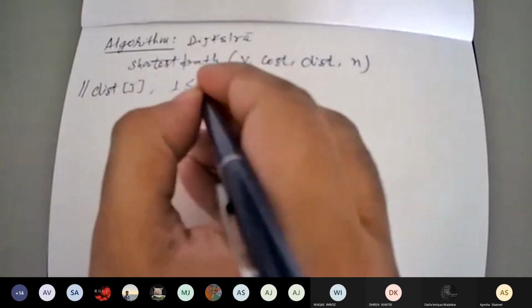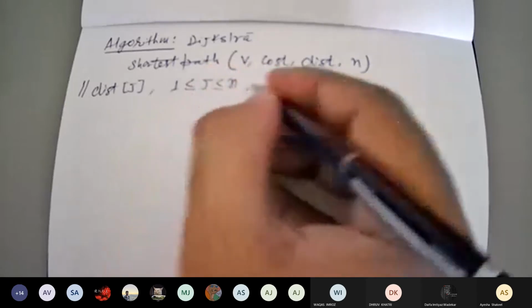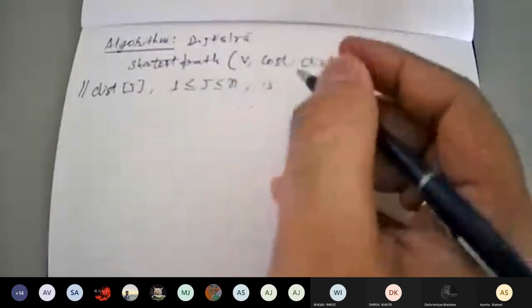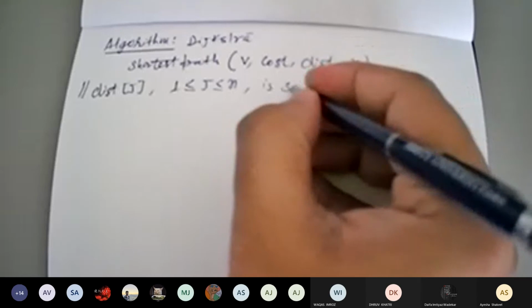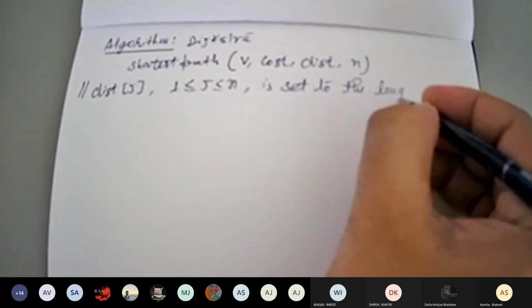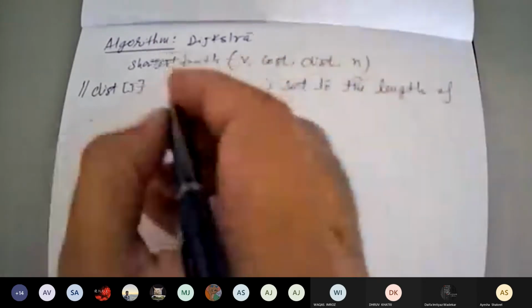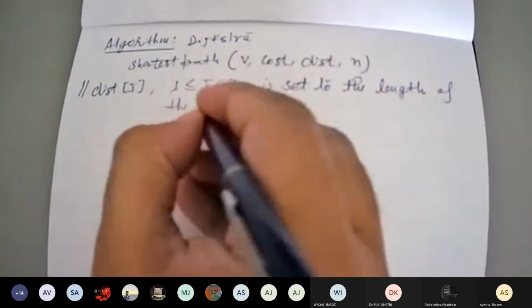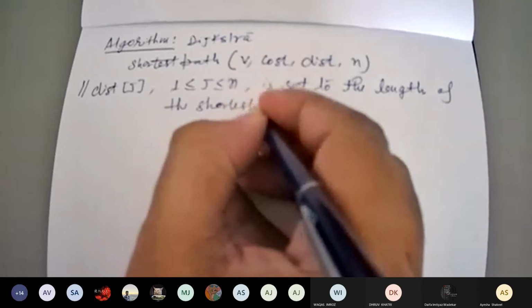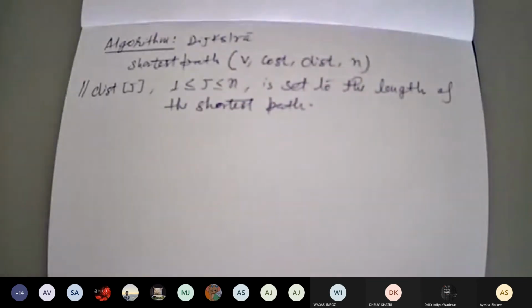It should be from J to N, set to the length of the shortest path.